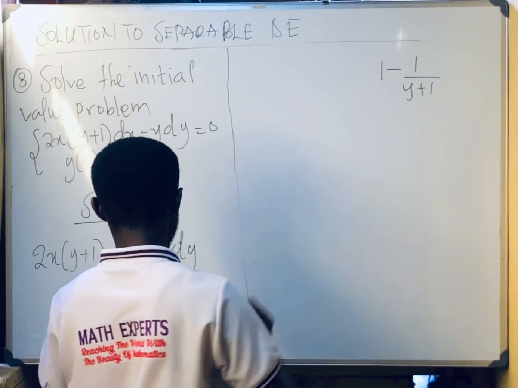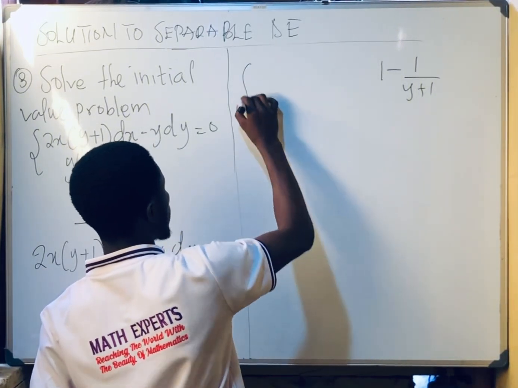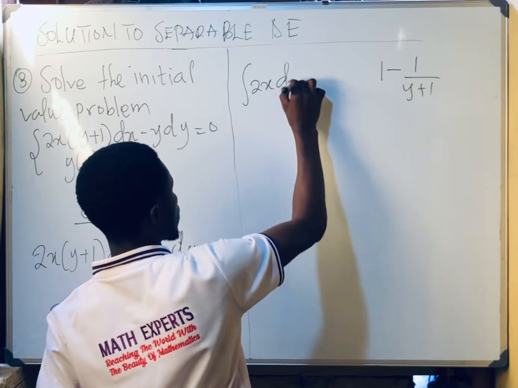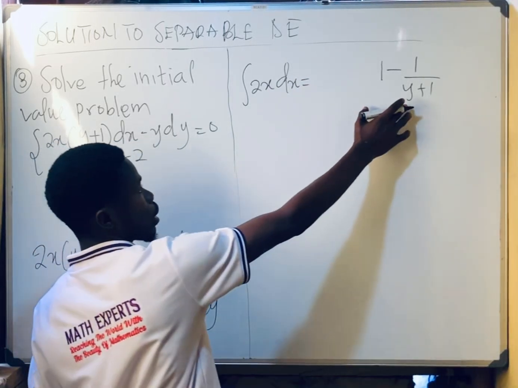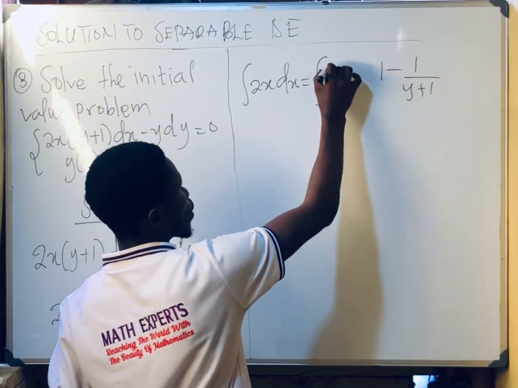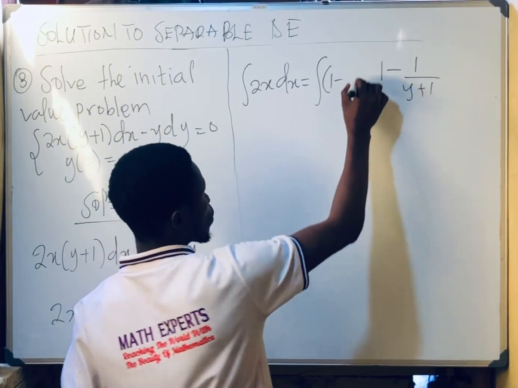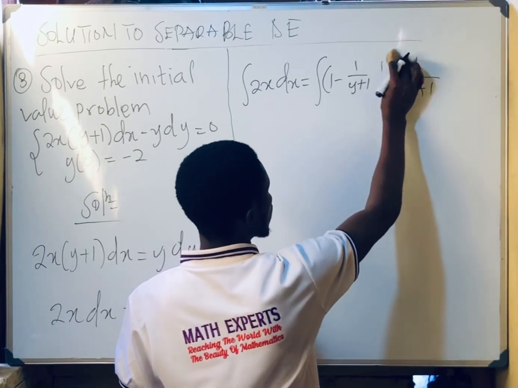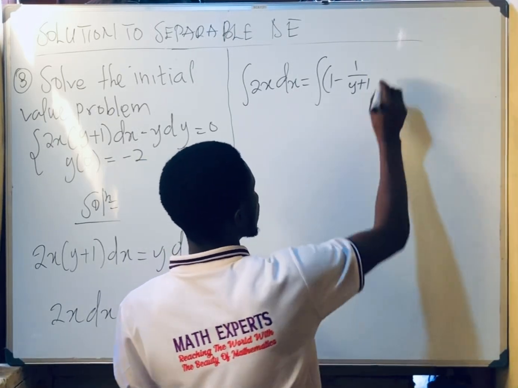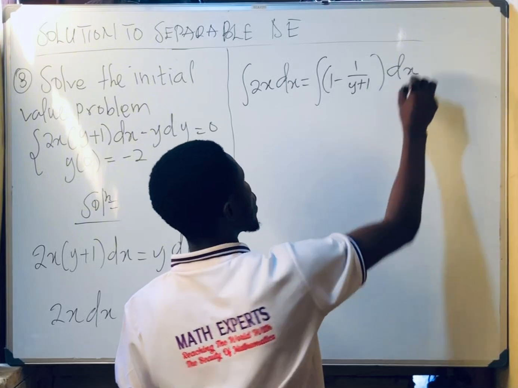Means that I can integrate this one, that's the integral of 2x dx, equals, now the integral of this is now this, so it becomes 1 minus 1 over y plus 1 dy.